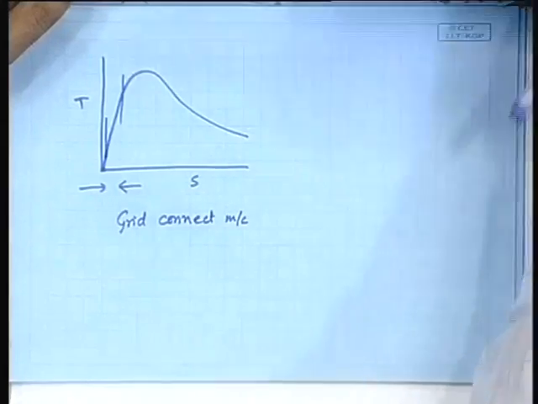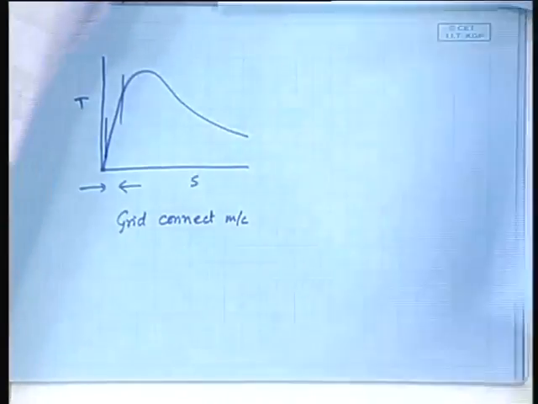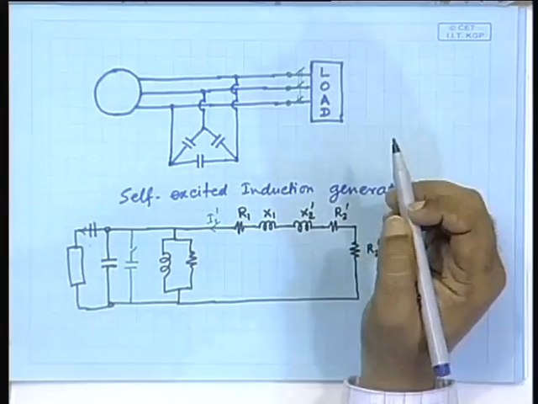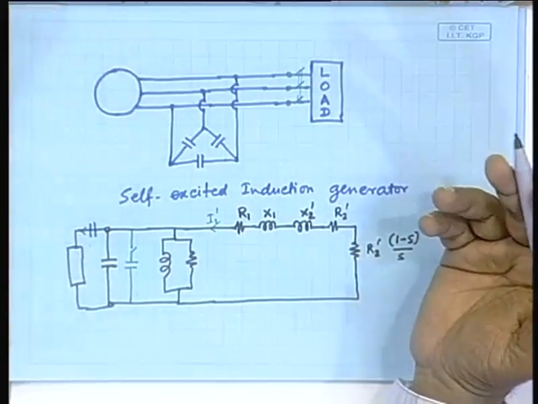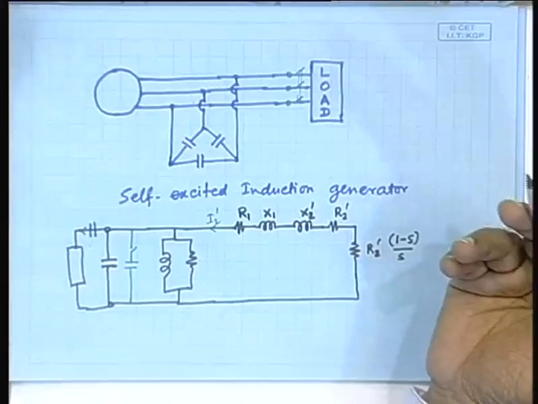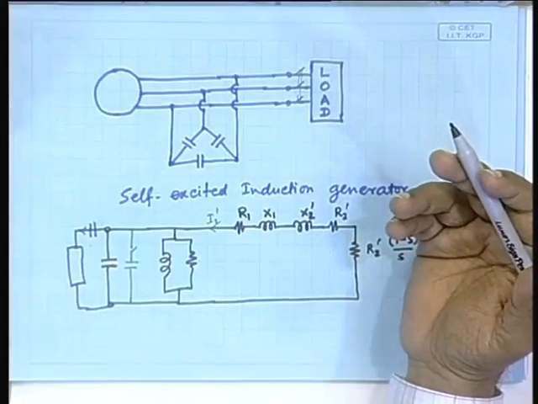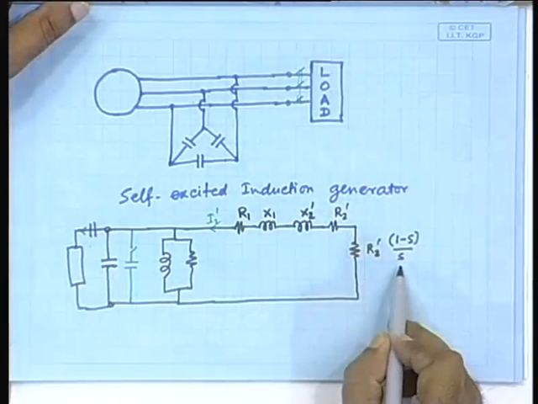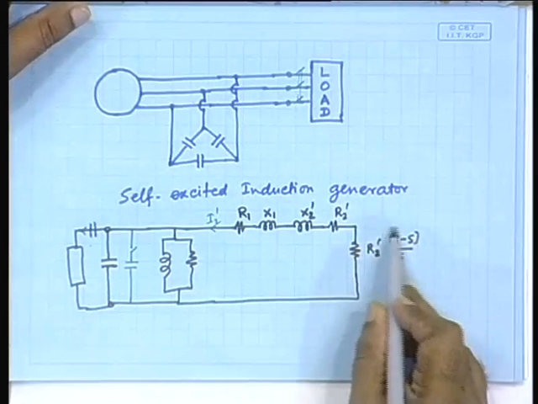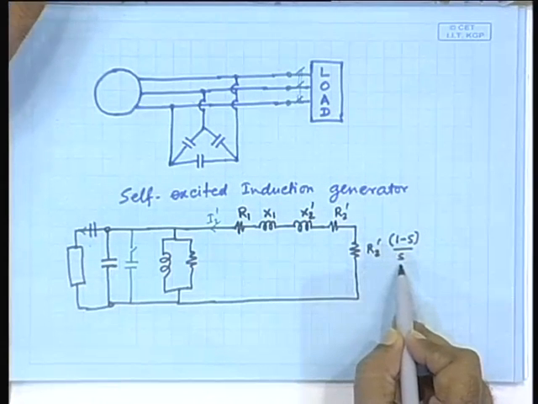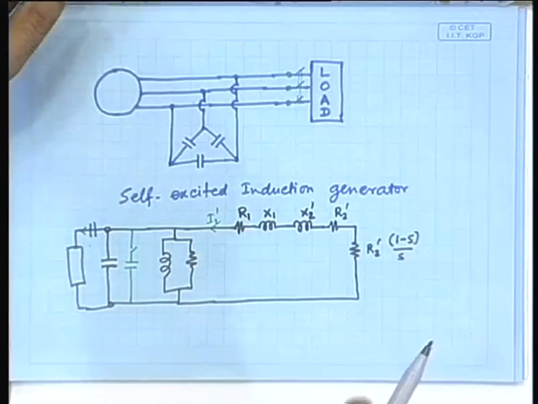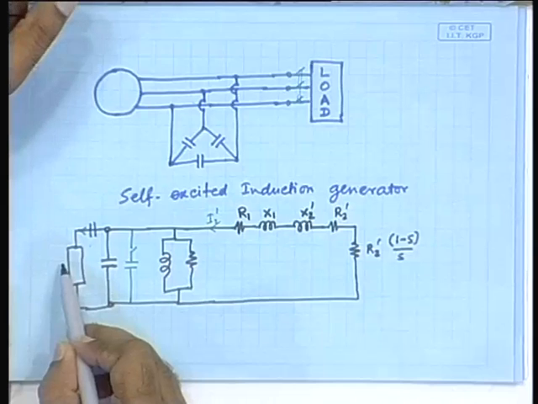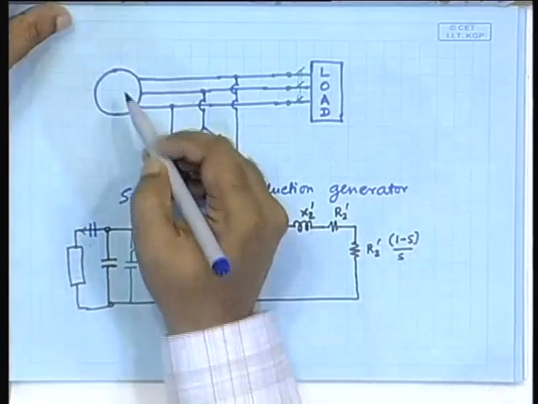For the self excited machine, as I told you, in this case you do not have a grid connection, and so you are not really concerned about maintaining a constant frequency of the grid. But yes, still the problem comes, what will be the slip? After all, the amount of power generation will be dependent on slip, and you are externally rotating at a certain speed and getting some power output, which means there are two things here.